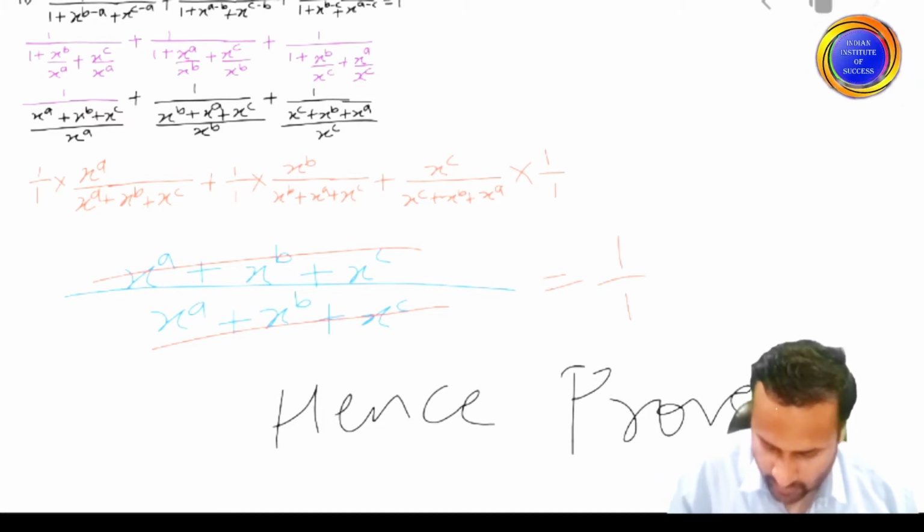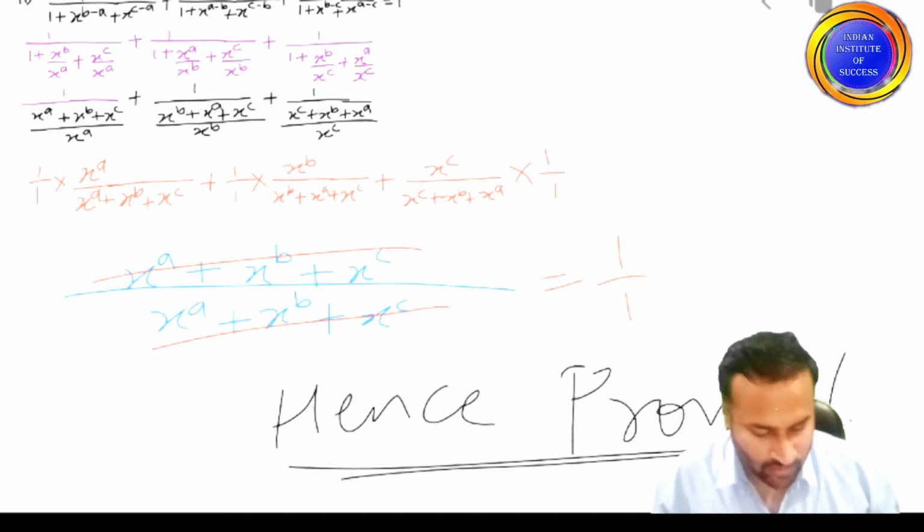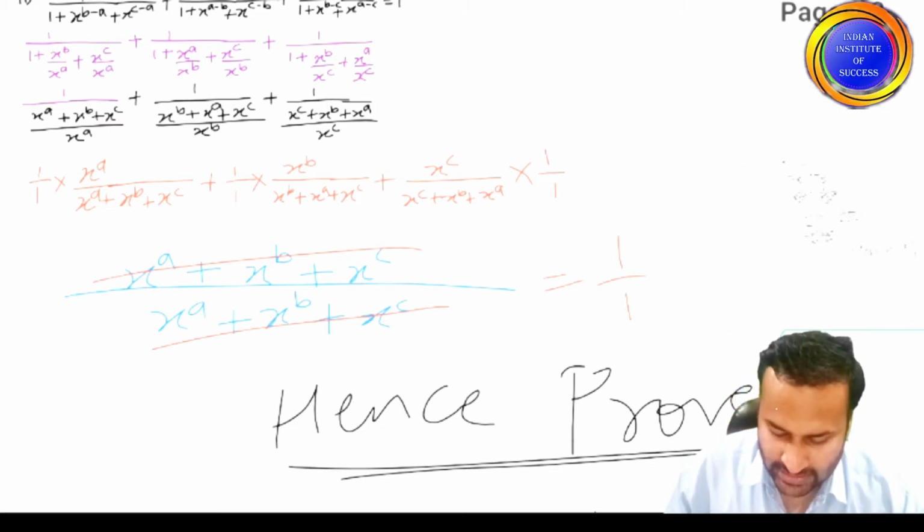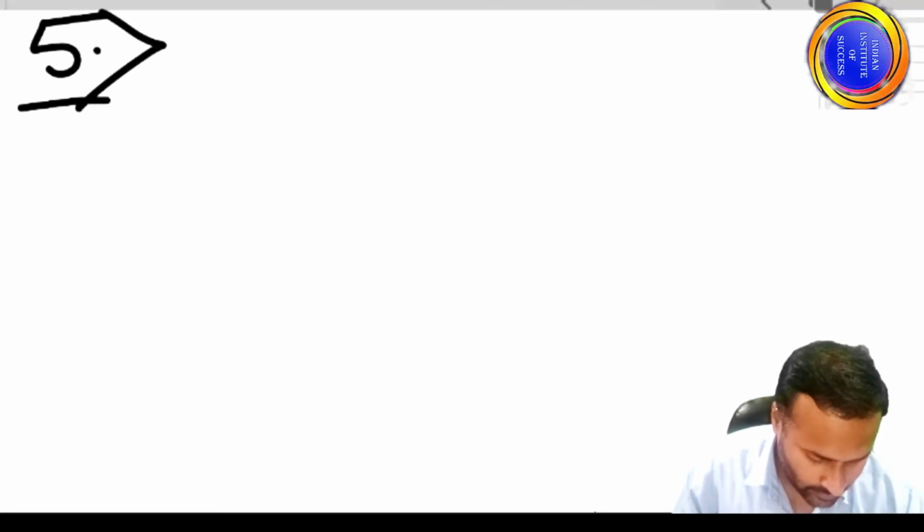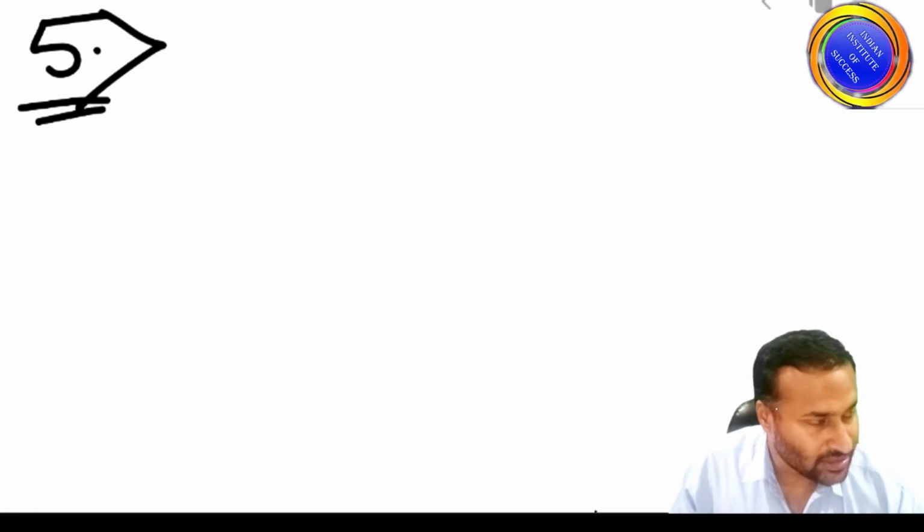Hence proved. Now students, we are moving to the 5th question of this exercise. So let's do it with passion. The 5th question is also simple. Here we have to use a simple thing.